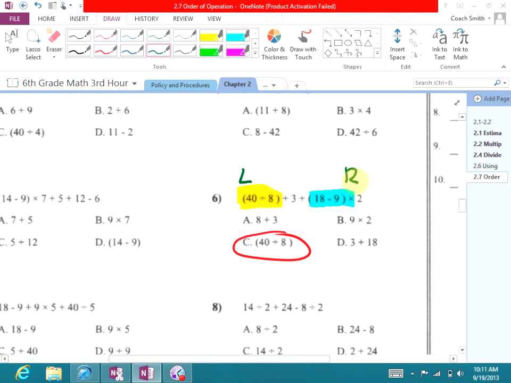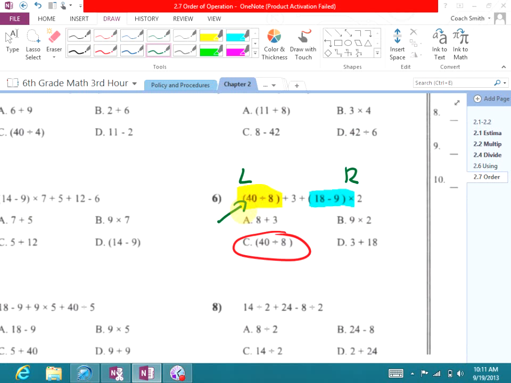And as you're moving from left to right, you do parentheses, okay? So as I moved from left to right, the first parentheses that I came across was the 40 divided by 8. That's why we do it first, okay?